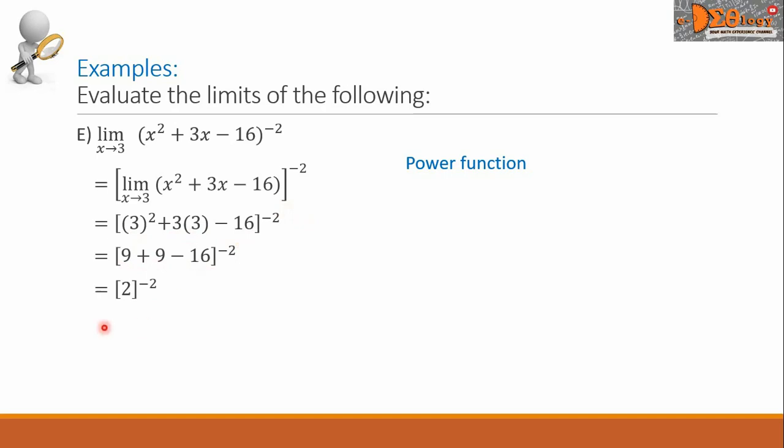Simplifying this, we have 2 raised to negative 2. Let us rationalize the negative exponent by simply putting this as 1/2 raised to 2. And this is now equal to 1/4. This is our final answer.